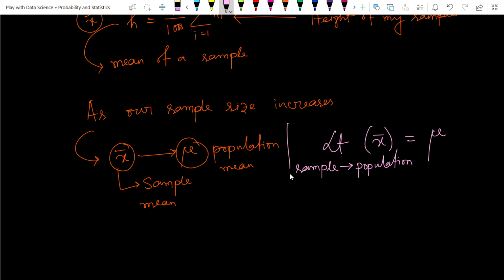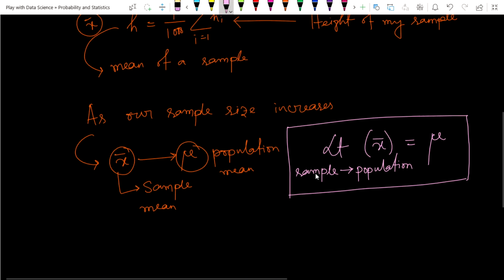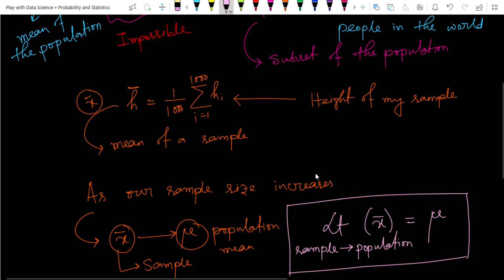This is the relation between the sample mean and the population mean. Using these definitions, we will see how to find the right sample size for our requirement. This is the main thing, and we will see it in the next part of the lectures.